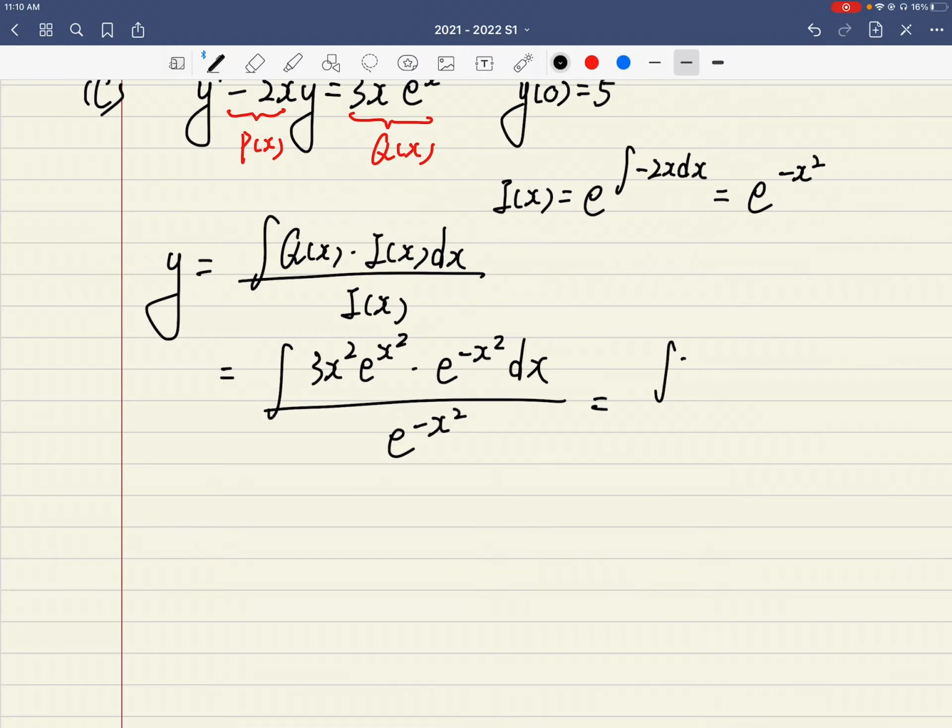So you just need to integrate 3x squared. And then the bottom, you divide by e to the power of negative x squared. It's just like you multiply e to the power of positive x squared. Okay, then it's e to the power of x squared times x cubed plus c. Right. Do you have any questions for this part?